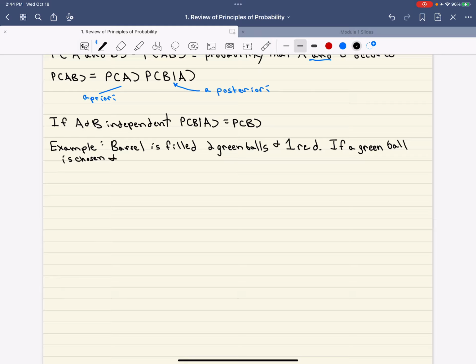Once we pick the ball, we also remove it from the barrel. So if a green ball is chosen and removed on our first draw, what we want to calculate is the probability of selecting another green ball on our second draw.